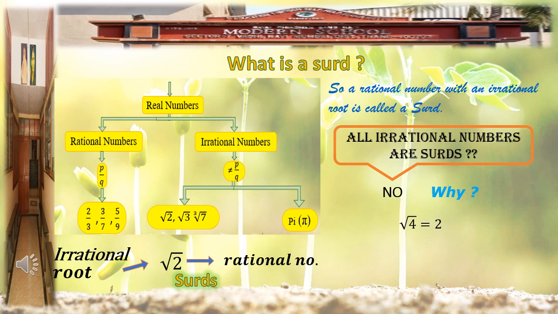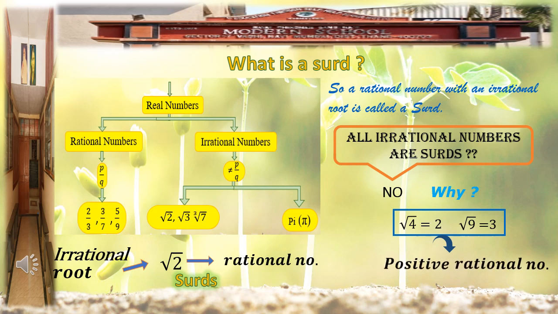Root 4 is an irrational number whose value is 2, which is a rational number. Similarly, in root 9, we get value 3, which is a rational number. So, these numbers are not surds. So, condition for a number to be a surd is it should not result in a rational number.